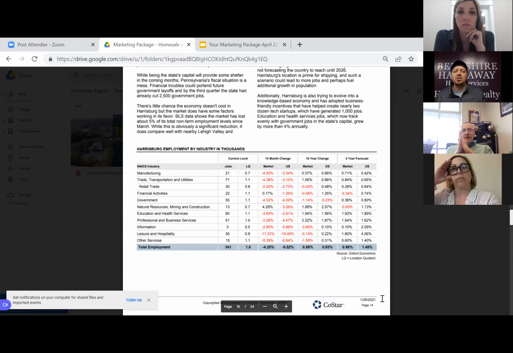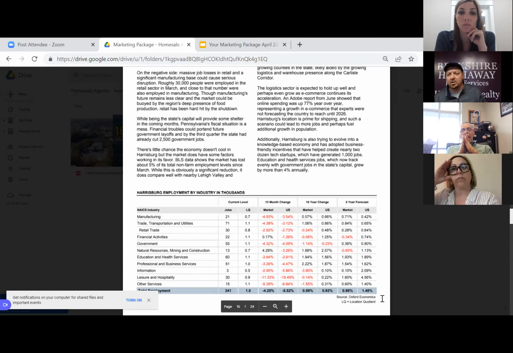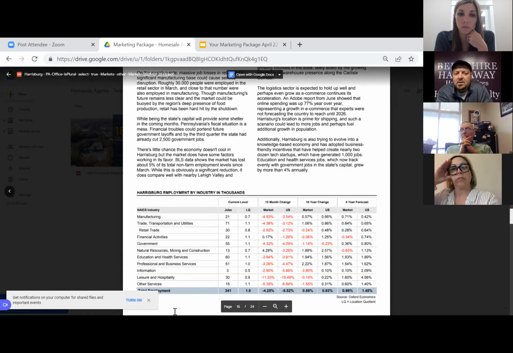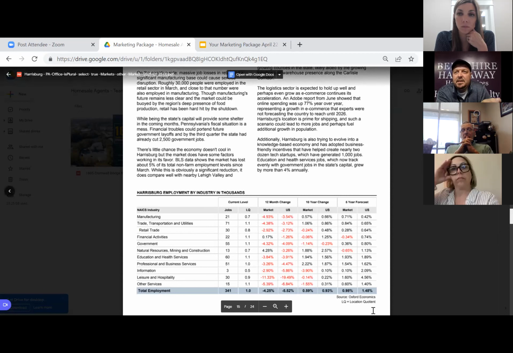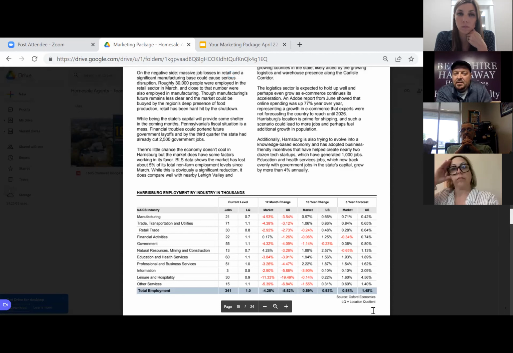Now, when we talk about the local economies, this is what we're talking about. When I said it's all jobs related, it's how we build our information on employment centers. This actually breaks down to the NAICS code, which is the basic type of business that the government says you operate. And then they group all that together and they say, we have so much businesses of this SIC code in this area.